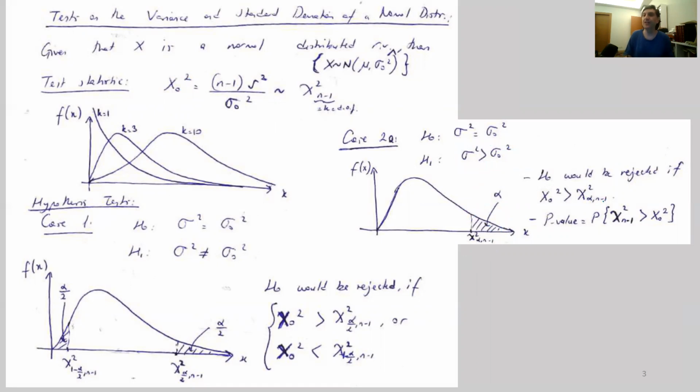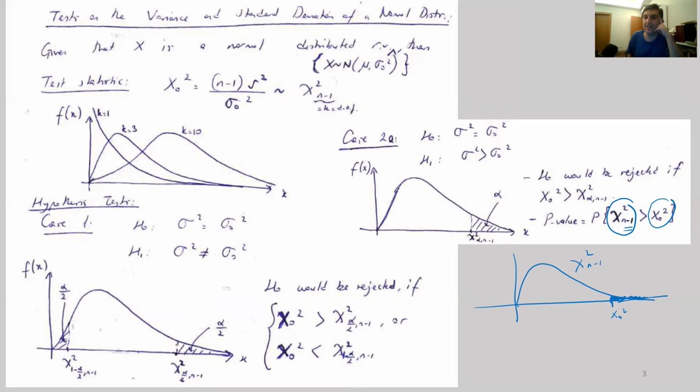Now the p-value, the logic is totally the same as the t-distribution. We would like to find the chi-square distribution value at n minus 1 such that it's going to be greater than our x0 value. Let's say that this is the chi-square distribution at our n minus 1. From our sample, we have computed our x0 square value to be here.